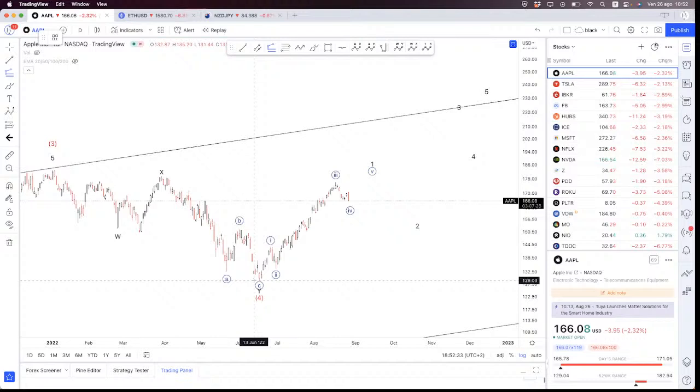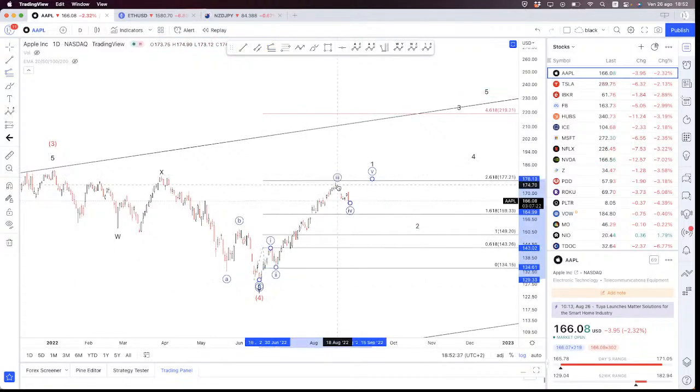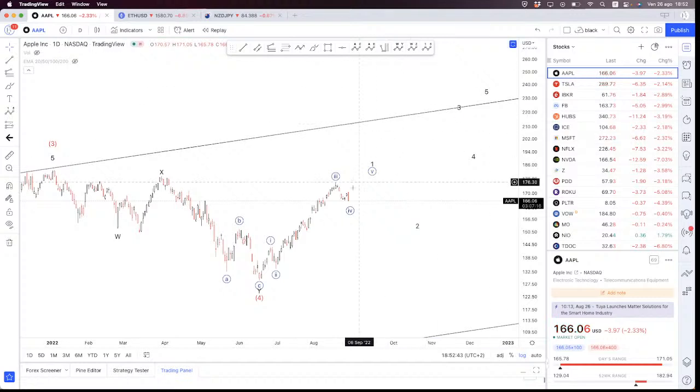We can try to look for these. Yeah, 2.618 was close. So perhaps we could be getting into wave 4.